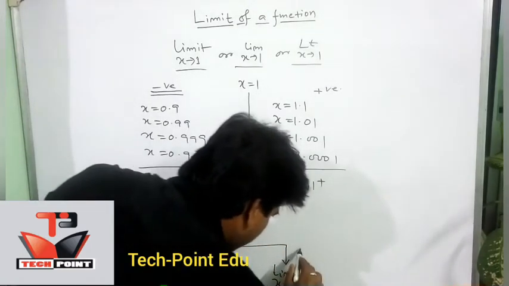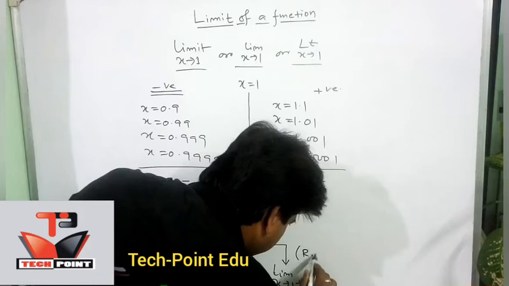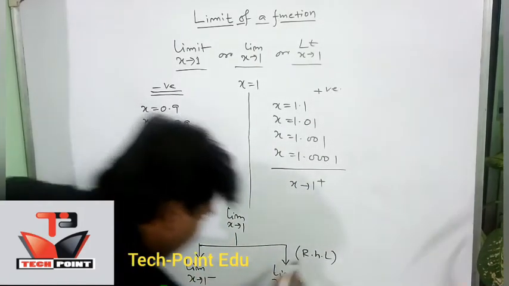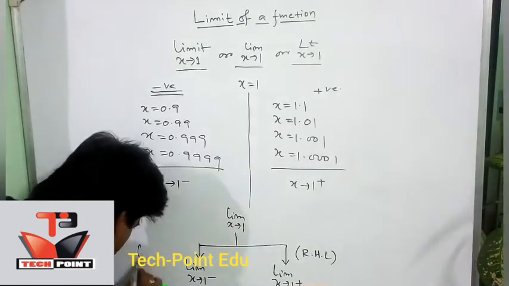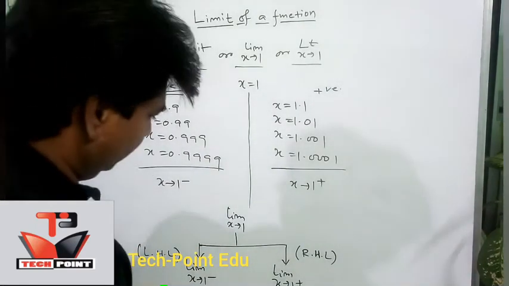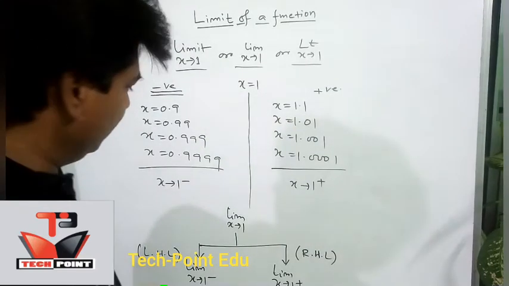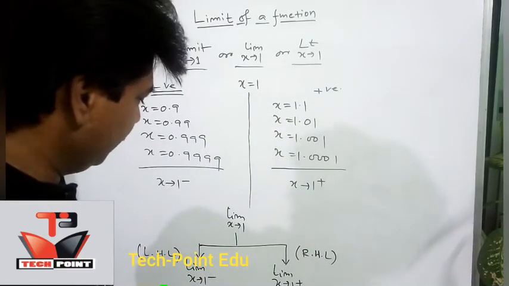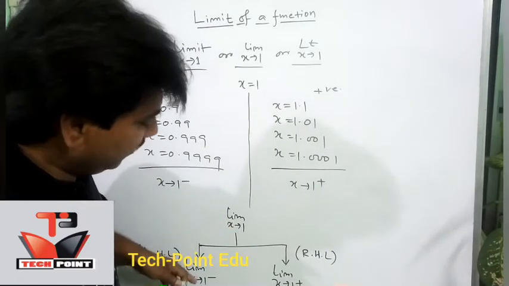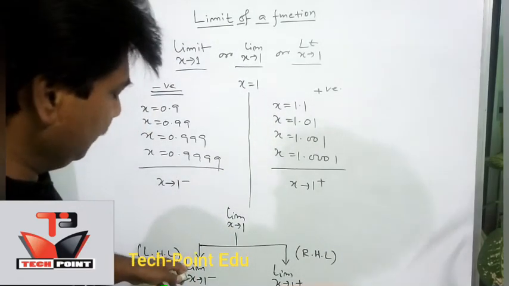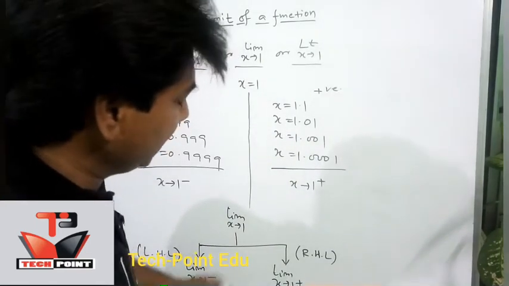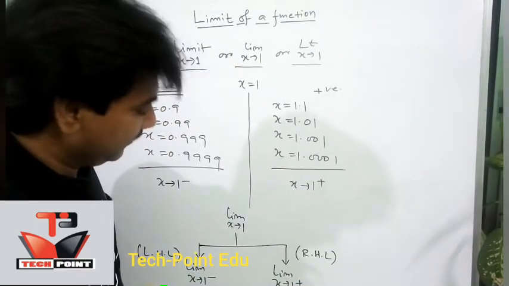This side is known as the right hand limit, and this side is known as the left hand limit. So from this discussion we have understood that limit x tends to 1 will always be divided in two parts. One will be limit x tends to 1 minus, another will be limit x tends to 1 plus.